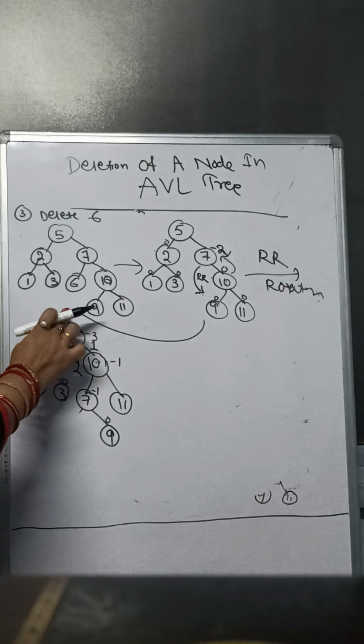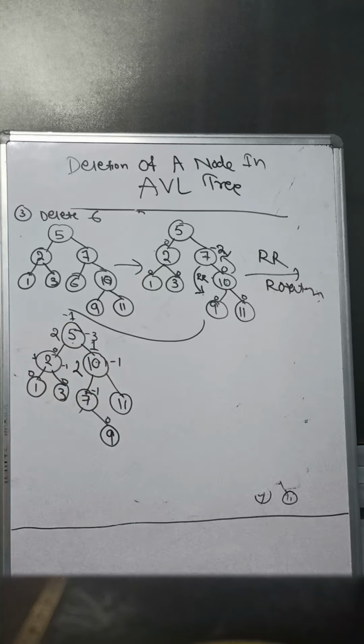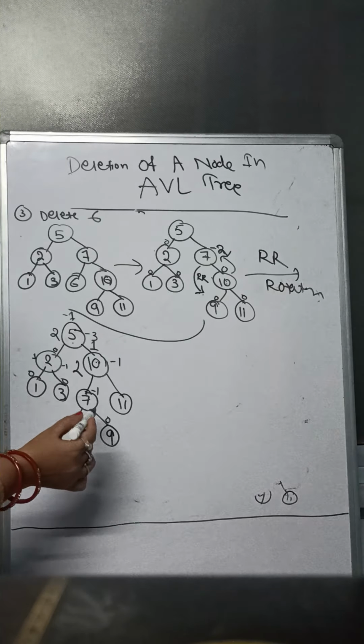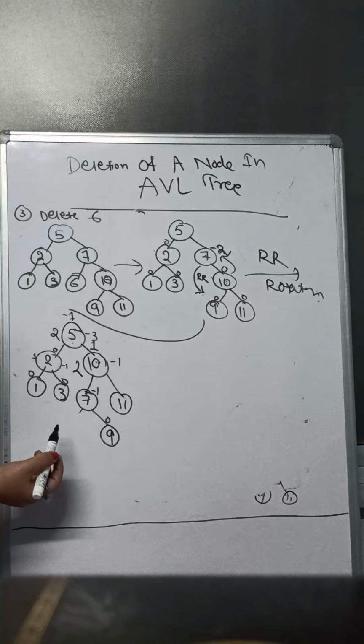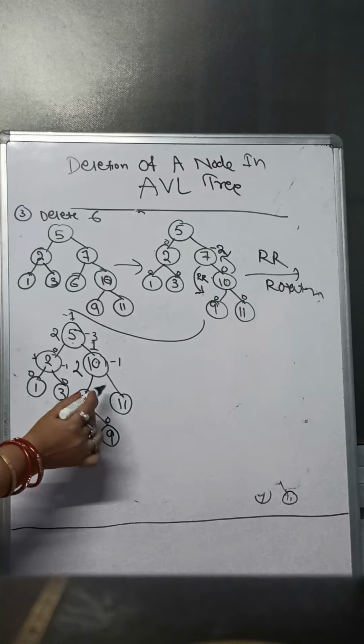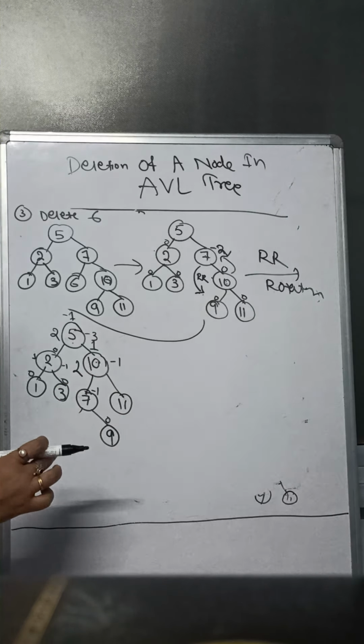Your balance factor is your -1, okay? So now the right part present, left part is absent. So here 0 and -1, so -1 is also balanced tree, okay?